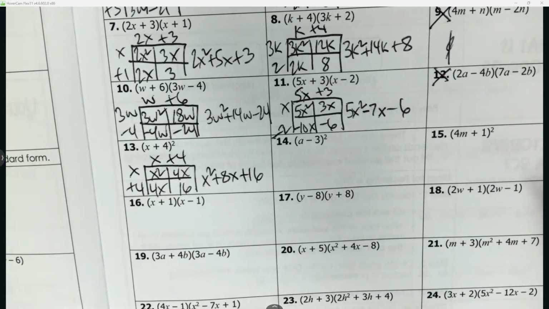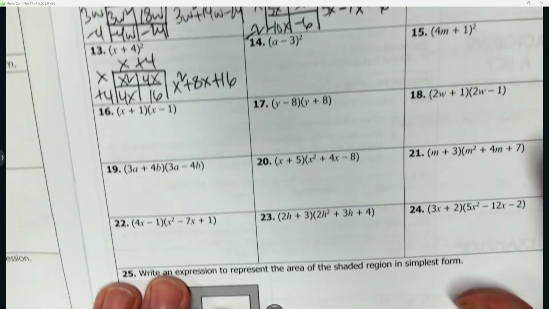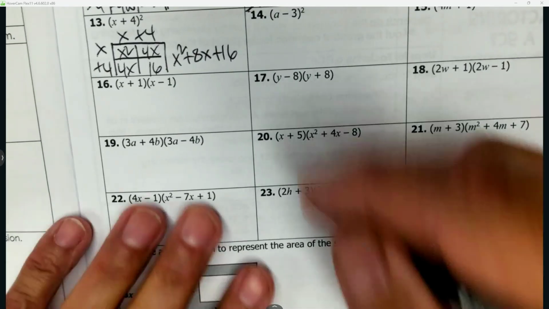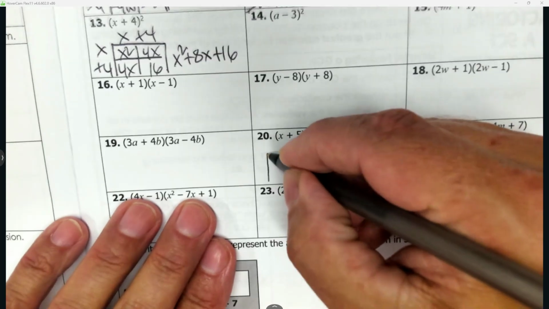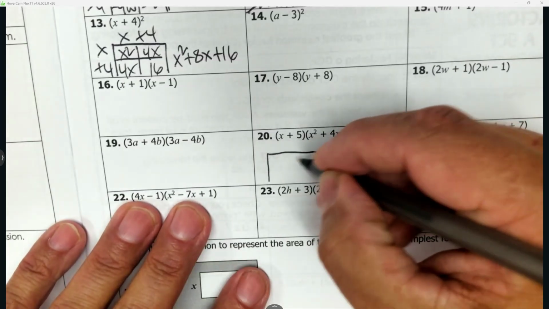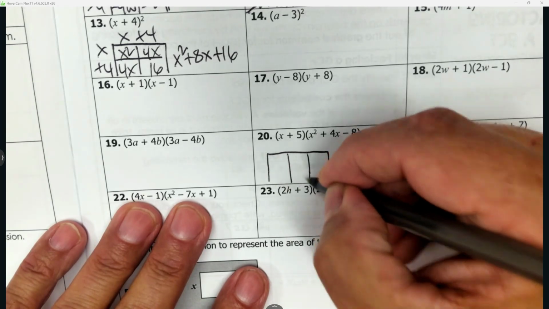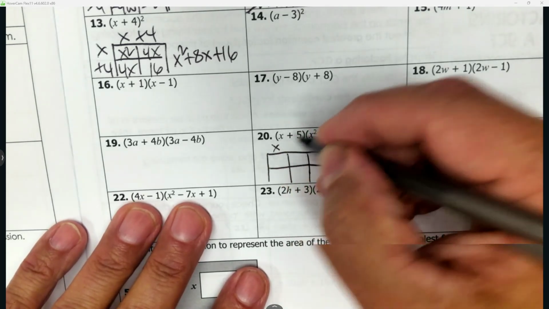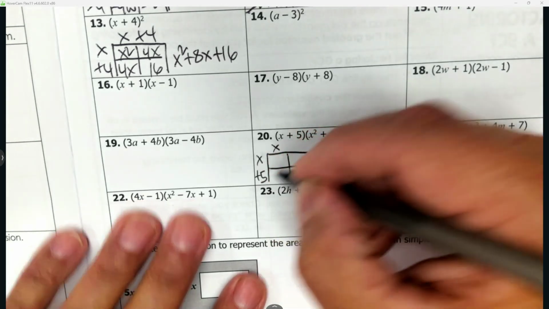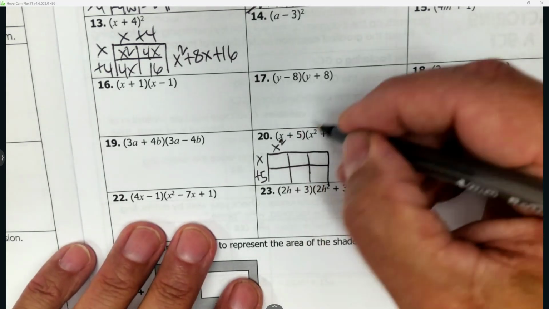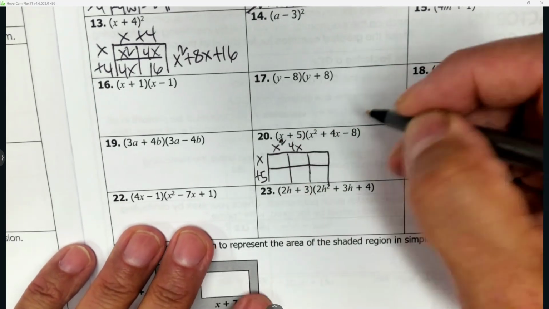And then the last group here, can you do 2 by 3? Draw it out. So we have x plus 5, x squared plus 4x minus 8.